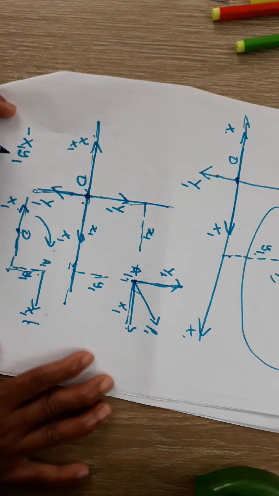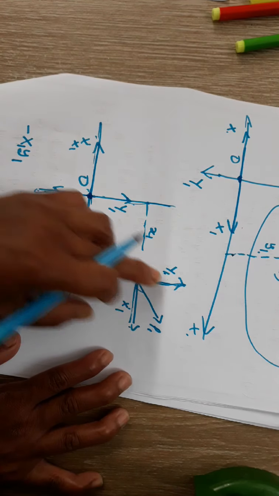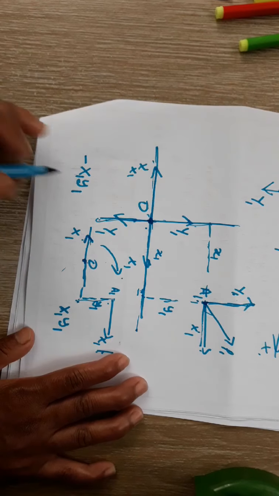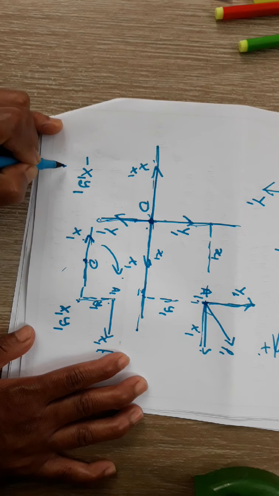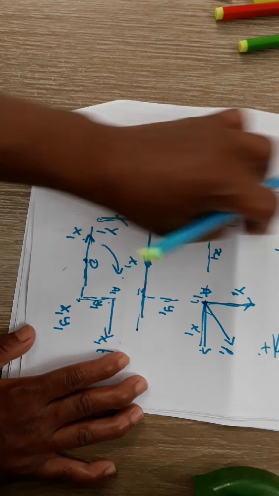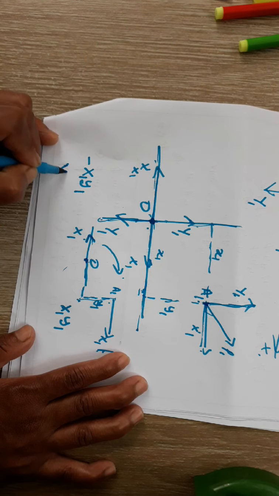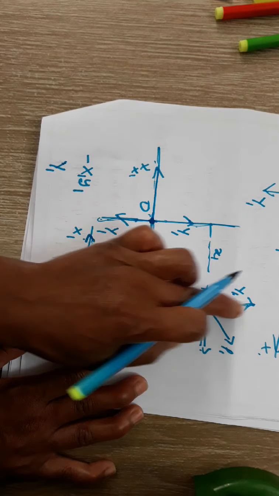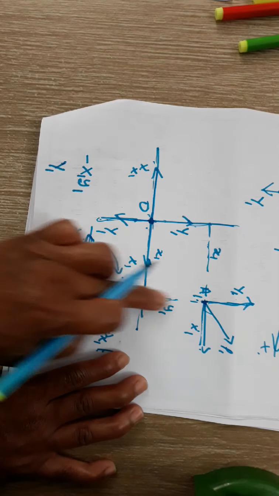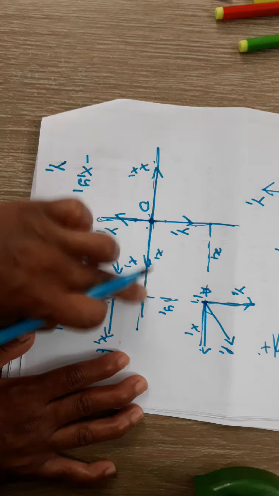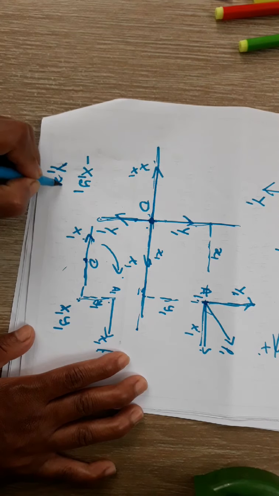So this force y1 at A1 is equivalent to the force y1 in the positive direction, together with a couple whose moment is y1 into its perpendicular distance. The distance of these forces from these forces is equal to x1.